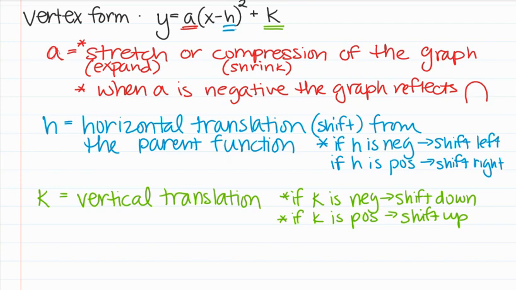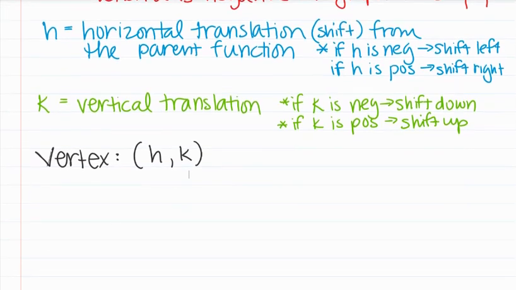Now, as for the vertex, what's very interesting is the vertex is actually in the equation. Okay, so there we go. The vertex is h, k, which is really nice because they put that in alphabetical order for you.